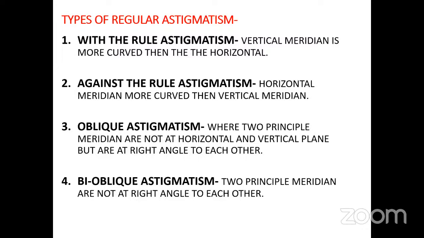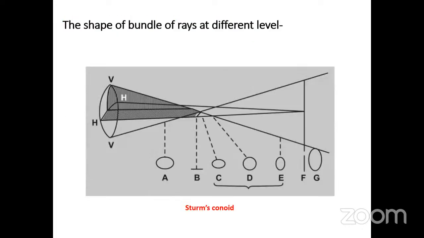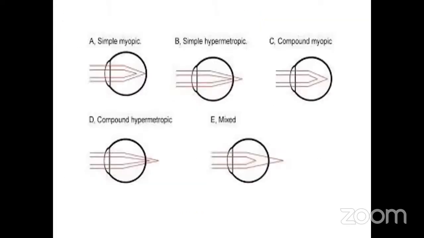Okay, go to the next slide. Diagram of different types of astigmatism. Now, what is the difference between simple myopic and compound myopic astigmatism? Sir, in simple myopic, the power in one axis is emmetropic, and in compound myopic, there is power in both the axes.